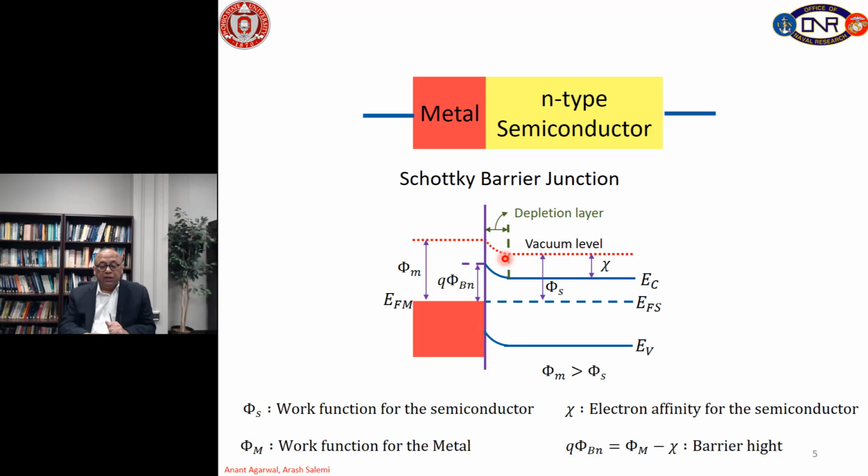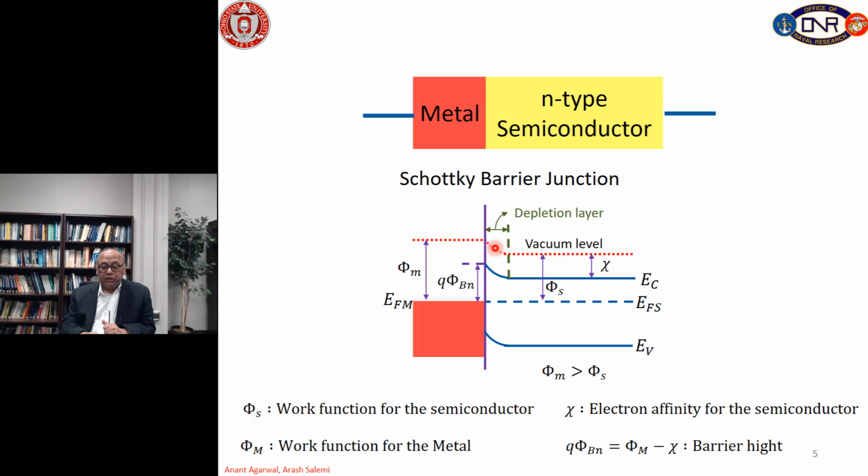So, in equilibrium, some electrons will go to the metal because they have higher energy, and in doing so we will have a depletion layer built in, such that there is a positive charge in the semiconductor in equilibrium because of this depletion.